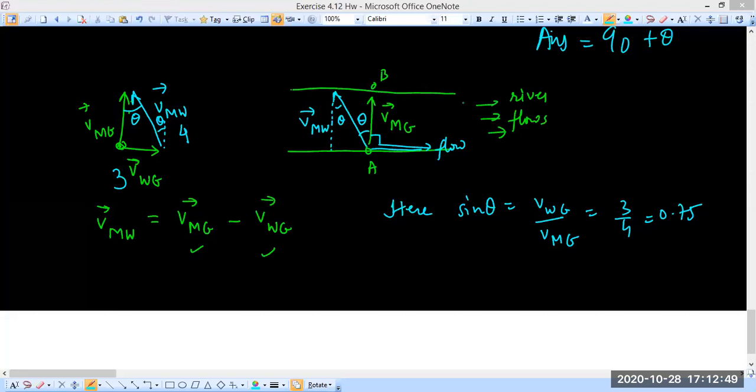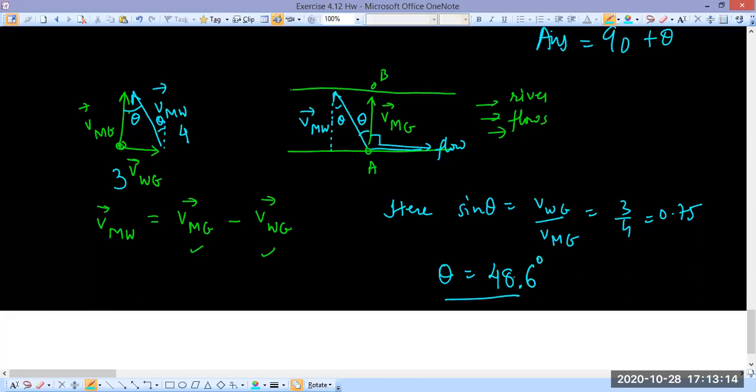Okay, the angle here that we get is theta equal to 48. I forgot. My memory is so horrible, really. It didn't even last 10 seconds. 48.6.